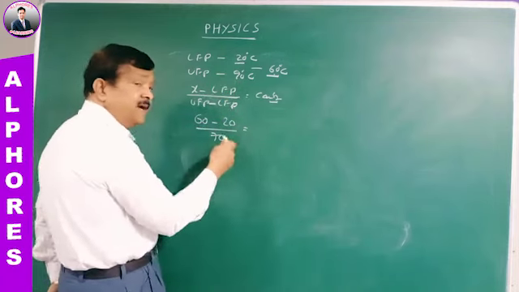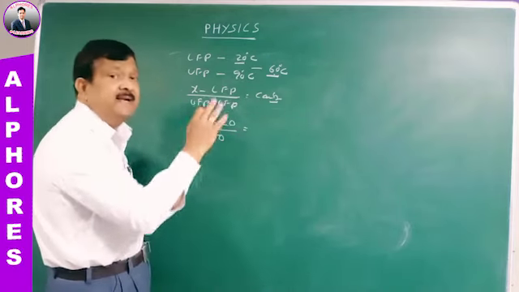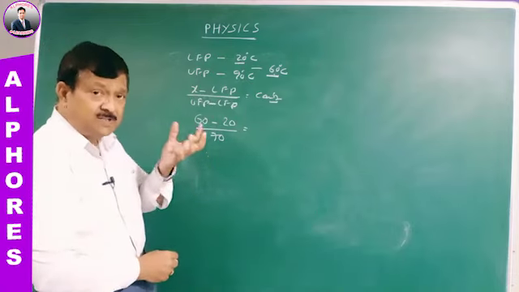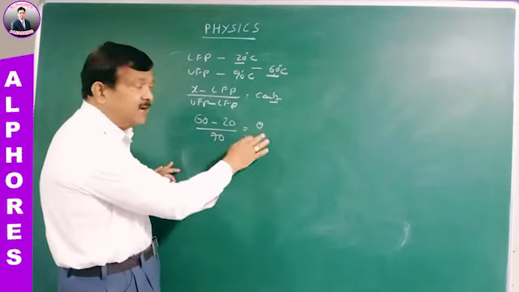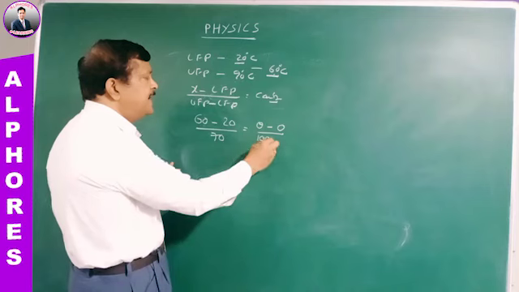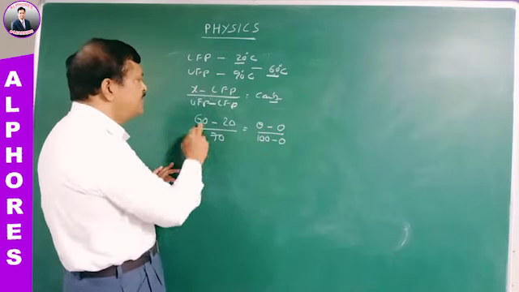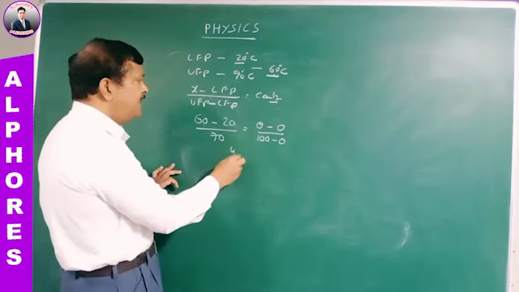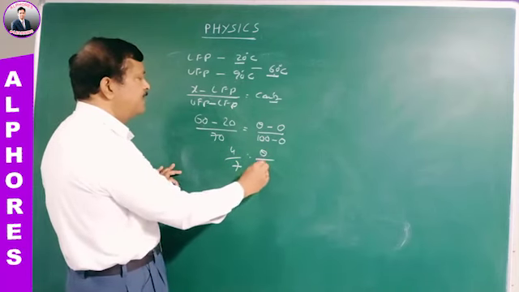Now let us equate this with our accurate thermometer which is graduated in centigrade scale. When you are using the centigrade thermometer which is to be considered to be correct, let us say the temperature given is theta and LFP is 0 and UFP is 100 minus LFP is again 0, so that this becomes 40 by 60 minus 20, 40 by 70, or you can say 4 by 7, that will be equal to theta by 100.